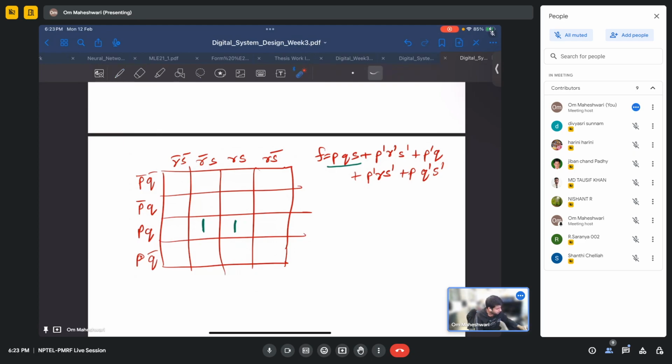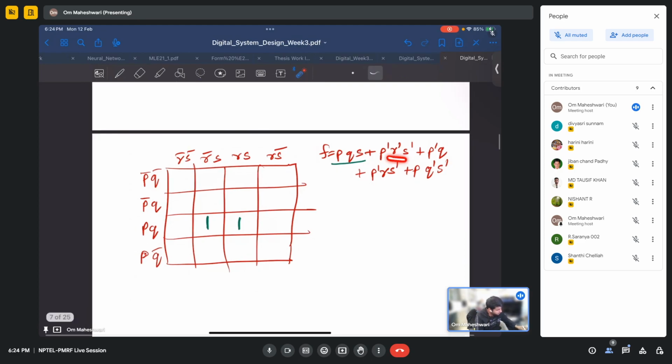Similarly, P bar, R bar, S bar. What is R bar, S bar? This row is R bar, S bar, and then we have to look for P bar. P bar is these two. So here we will have two ones.